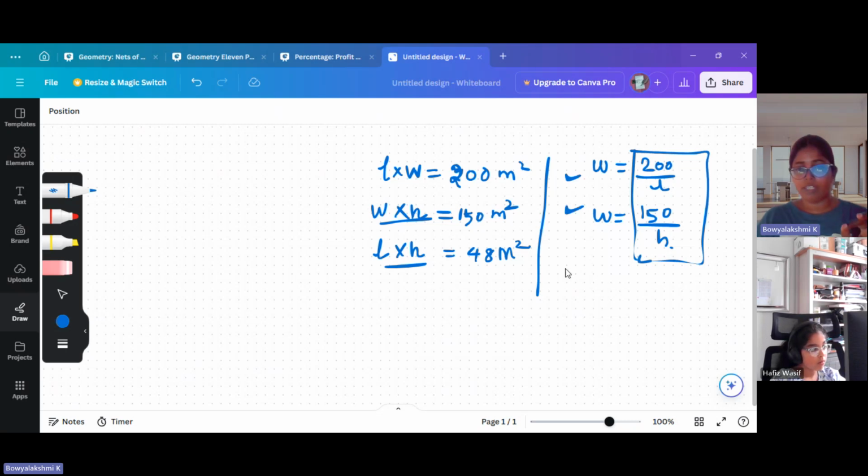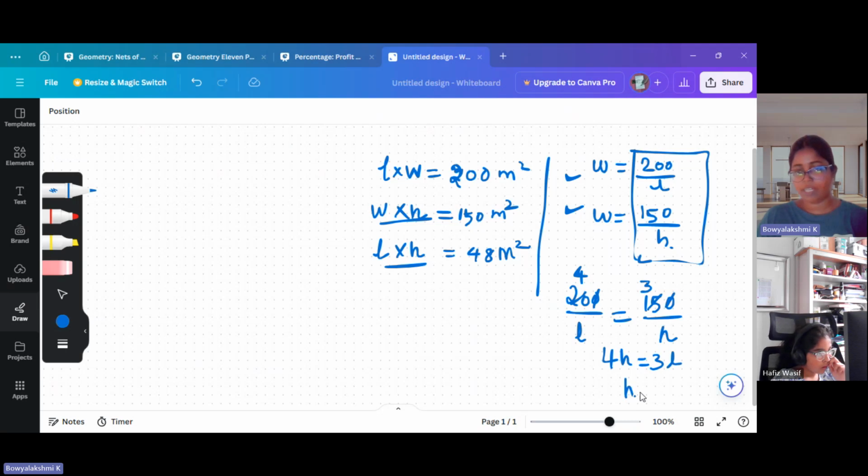Because both are W, 200 by L is same as 150 by H. And you cancel the zeros. 5 3s are, 5 4s are. And then 4H is equal to 3L. Anyways, let it be H is equal to 3L by 4.